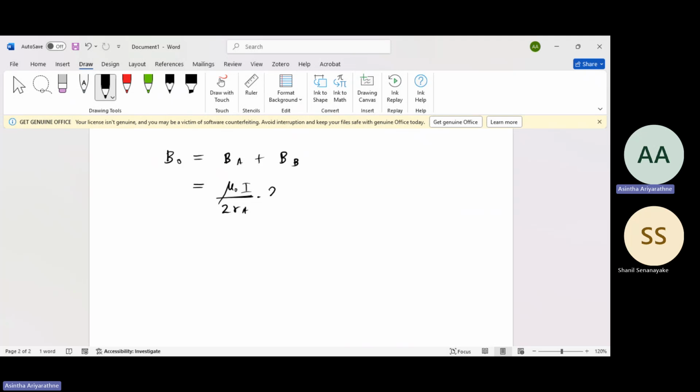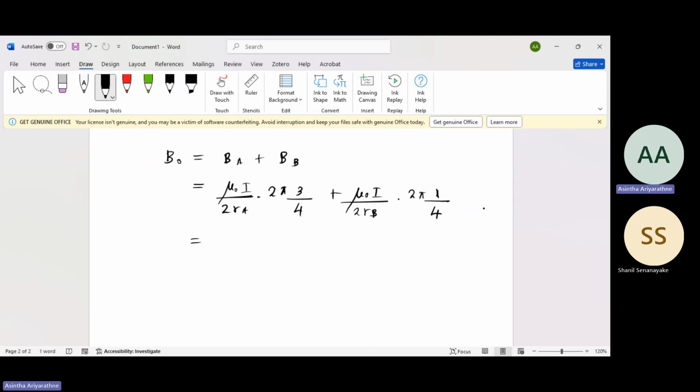The total circle has 2 pi radius, of that we have to take 3/4. Plus mu naught I over 2RB, for the quarter.